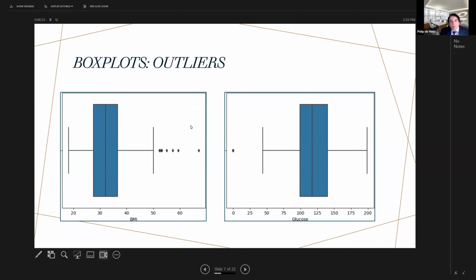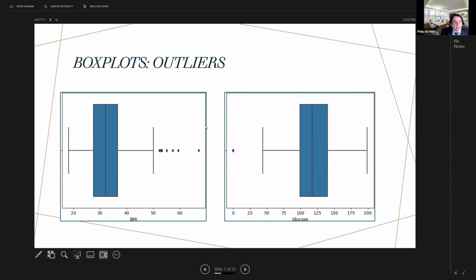So outliers should be removed, okay? A box plot is one of the possibilities to visualize them. And we have powerful methods to remove outliers. I already expressed this in my previous lecture.